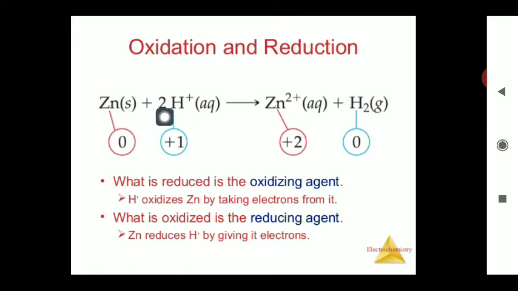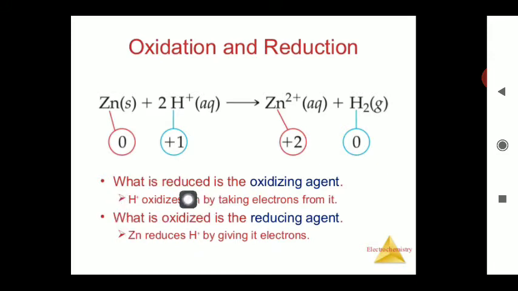On the other side, the H+ ion is converted to H2, and this is the example of reduction. So this is the oxidation, and this one is known as reduction. What is reduced is called the oxidizing agent, you know very well, and what is oxidized is known as the reducing agent.